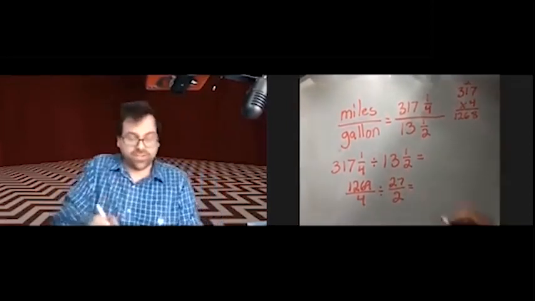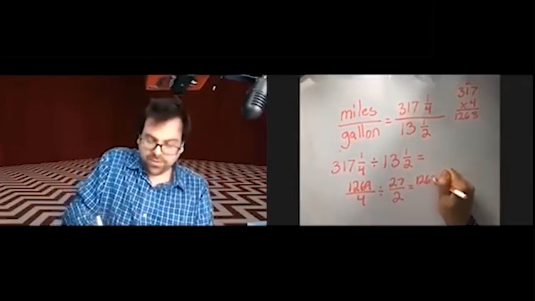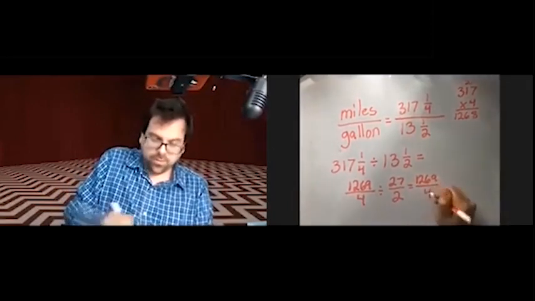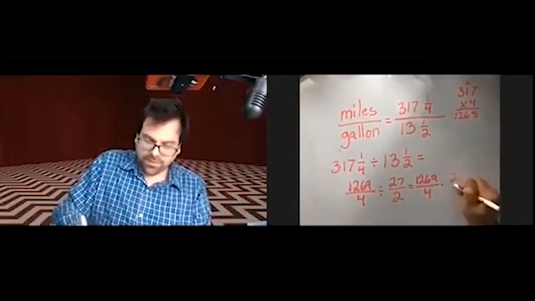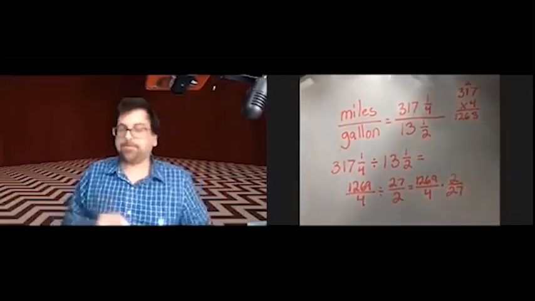How do we divide fractions? We keep the first, we change division to multiplication, and we flip the second.